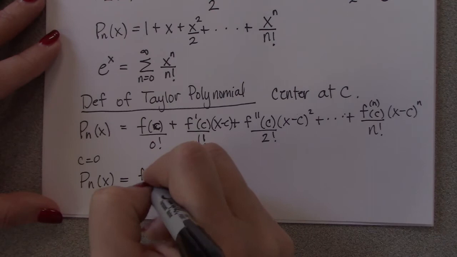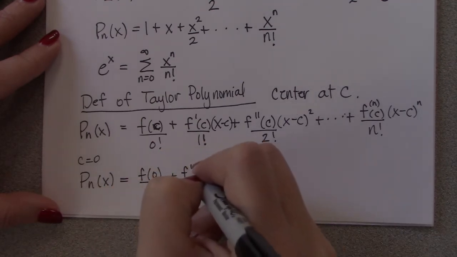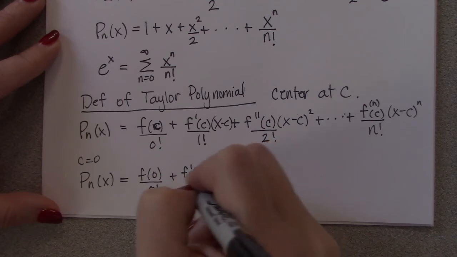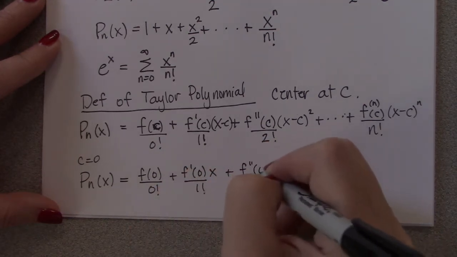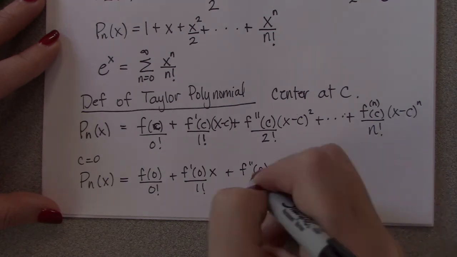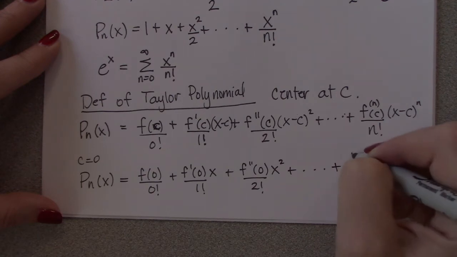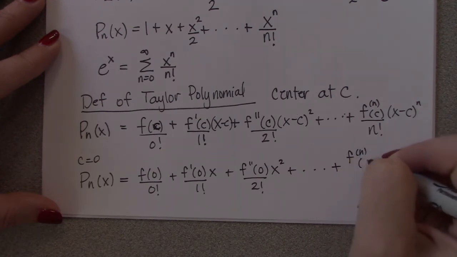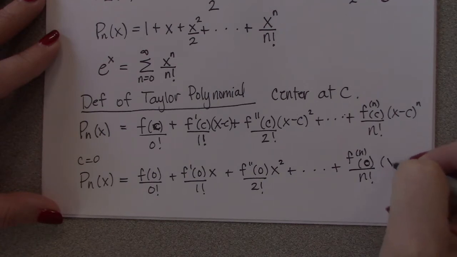This just simply becomes f of 0 over 0 factorial plus f prime of 0 times x over 1 factorial. The second derivative evaluated at 0 times x squared over 2 factorial, all the way up to the nth derivative evaluated at 0 times x to the n.